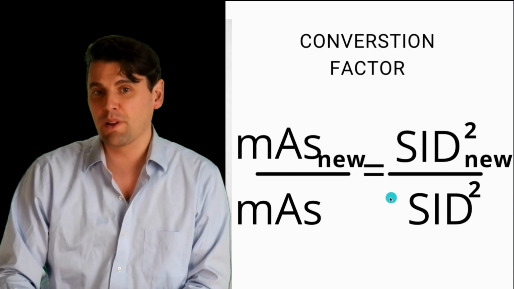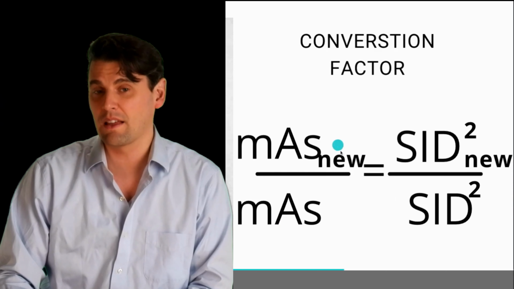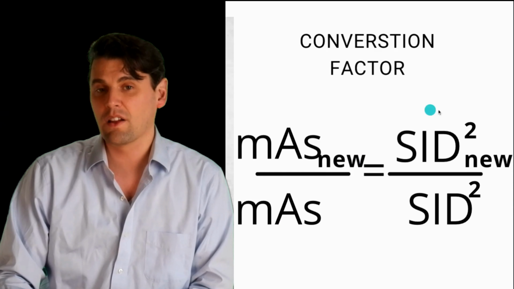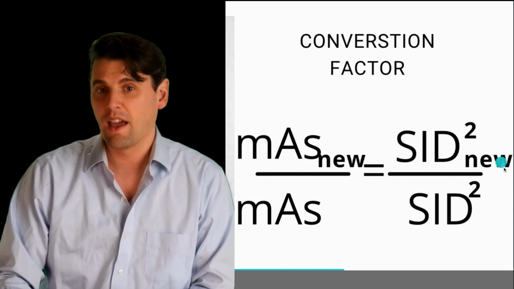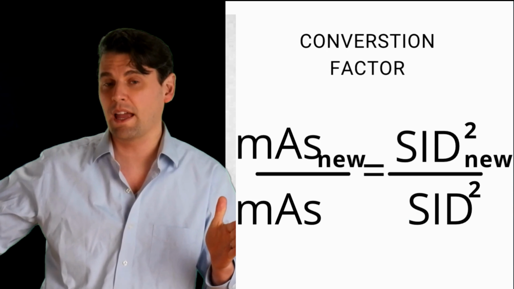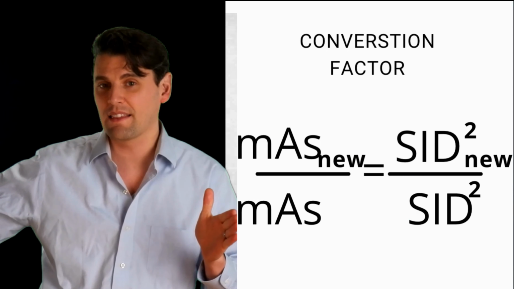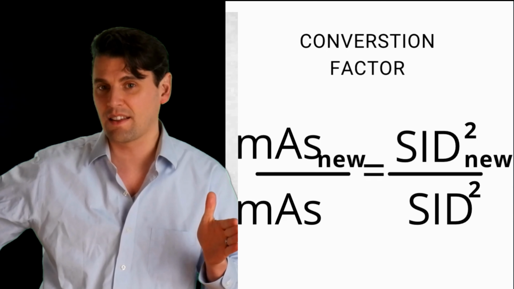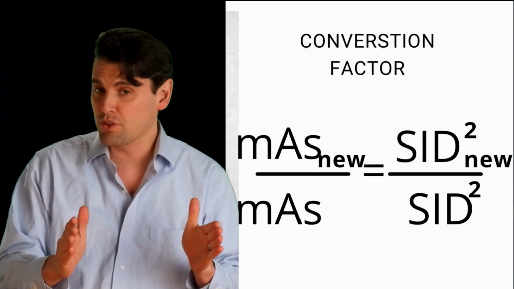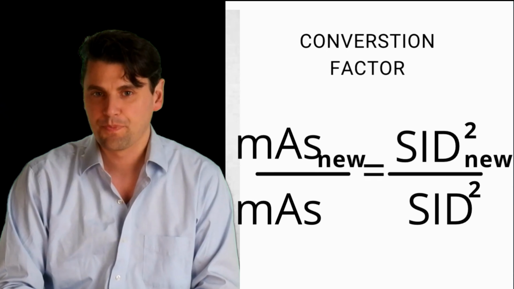As we're changing the mAs from our original mAs to an mAs new, we need to compensate for this. If you're moving further away, you're going to need a higher mAs so that you get the same number of X-rays hitting the detector. If you're closer, you're going to need less mAs.